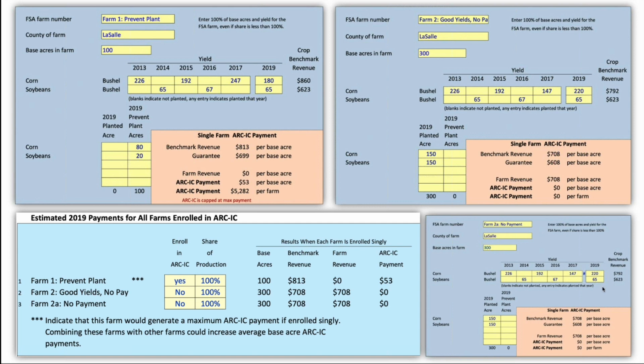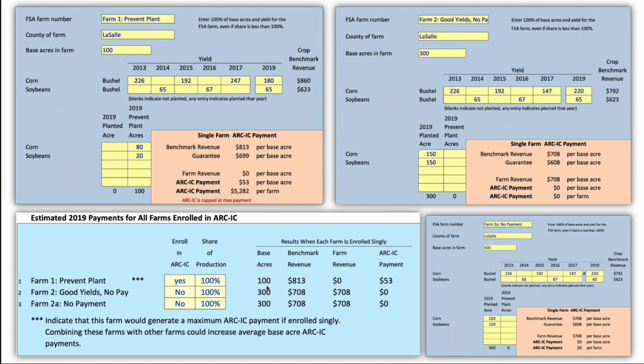And we have the same situation here. So I've got 3 farms here: prevent plant, good yields, no pay, and zero payment here. And currently only 1 farm is enrolled in ARC IC, and it's making a $53 payment over 100 base acres.